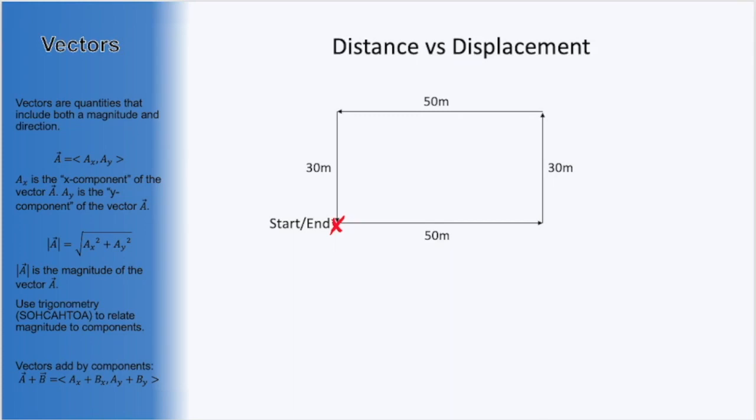For one last exercise, vectors are a good opportunity to reinforce the difference between displacement and distance. In this example here, we might be running around a rectangular track. Starting from the bottom left, we run 50 meters east, then 30 meters north, then 50 meters west, then finally 30 meters back south to end up back where we started.